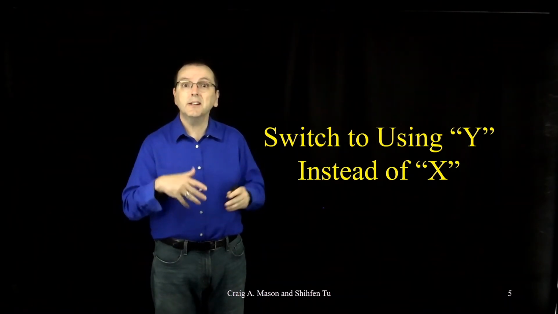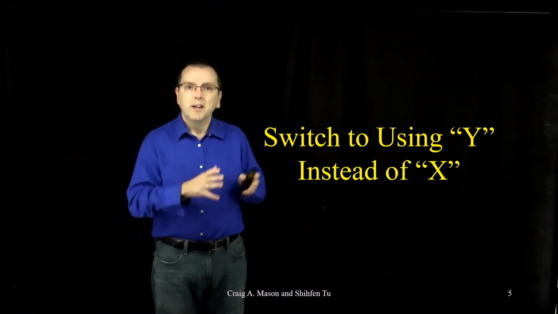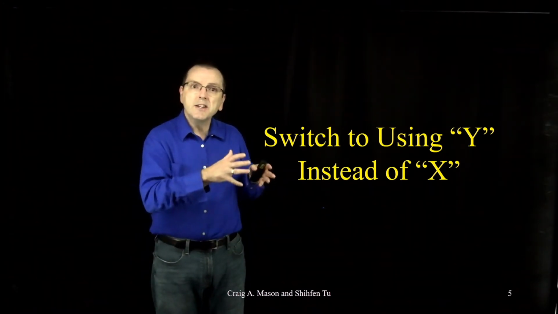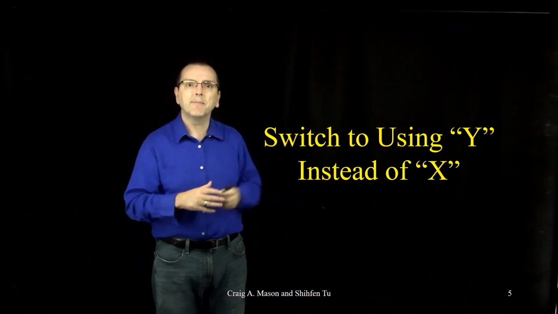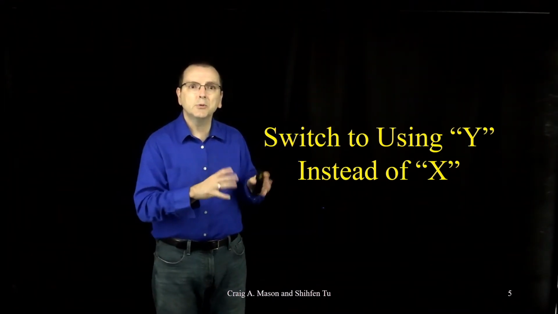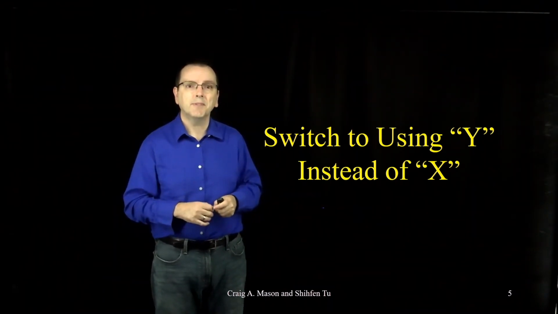Now, you'll see this in advanced stats courses like EHD 574. So I want to introduce the notation now for consistency, all right? But again, we're just using Y instead of X. Nothing else has changed, all right?